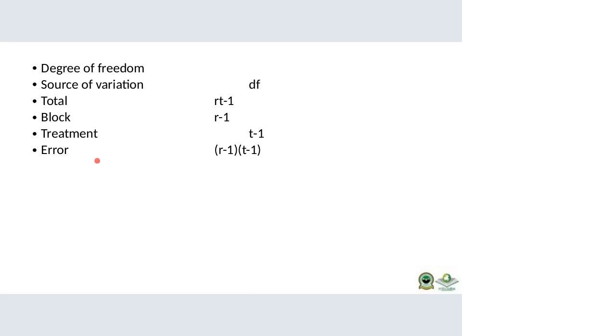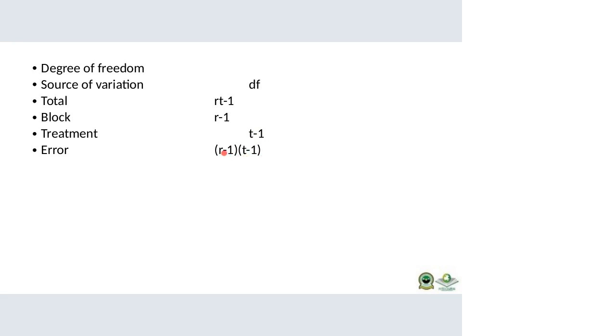So let's make progress. In the same way, we do our degrees of freedom. The block degree of freedom, remember, the block is equal to the number of replicates. Number of replicates is 4, 4 minus 1 is 3. The treatment is treatment minus 1. Then error, we have the replicate minus 1 times treatment minus 1.